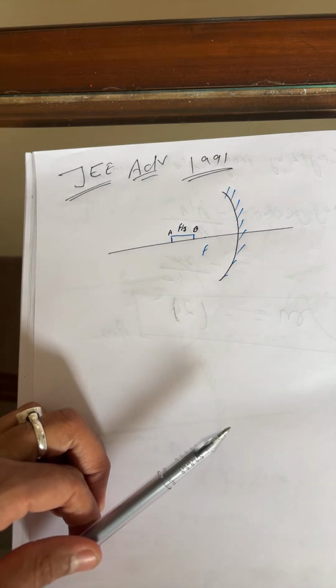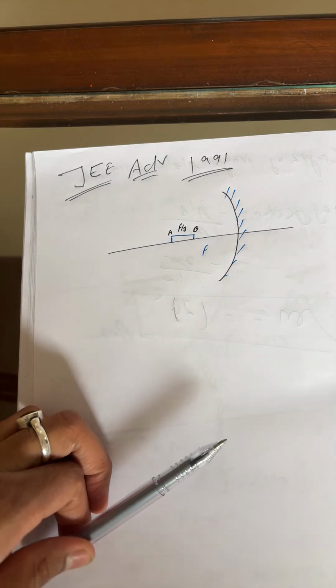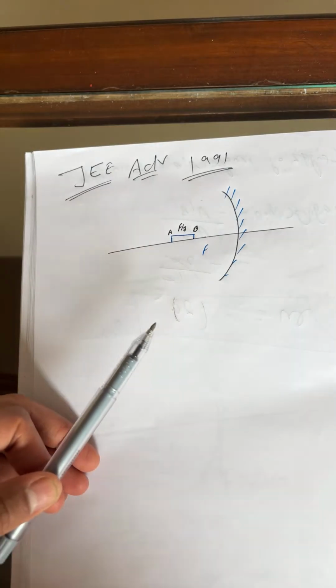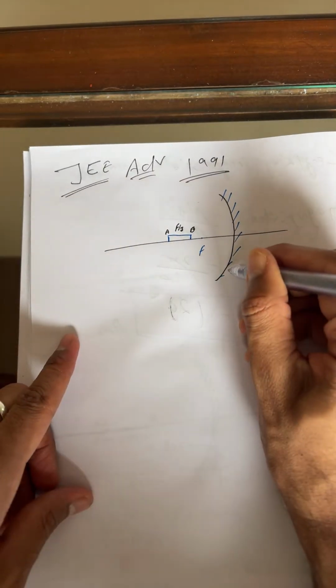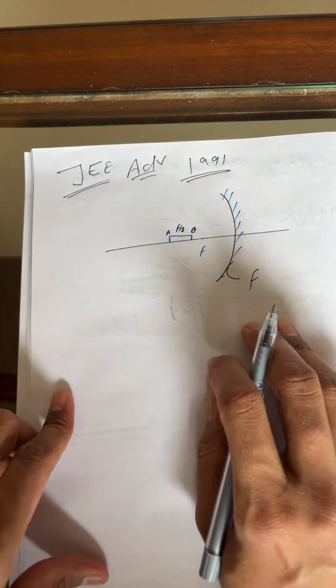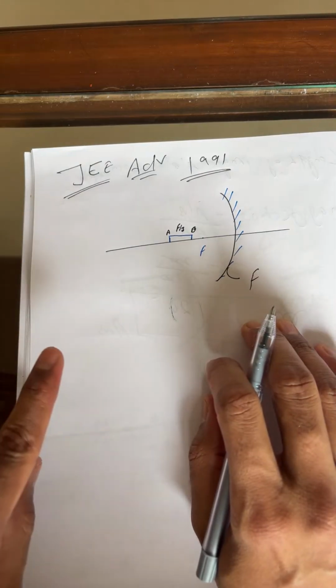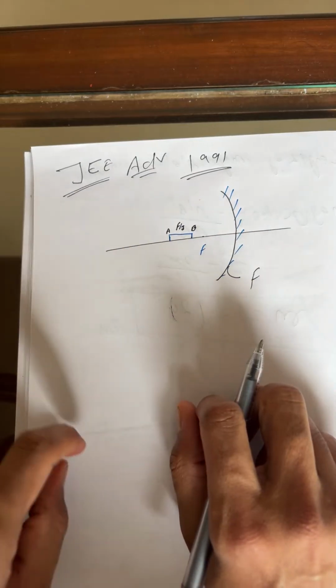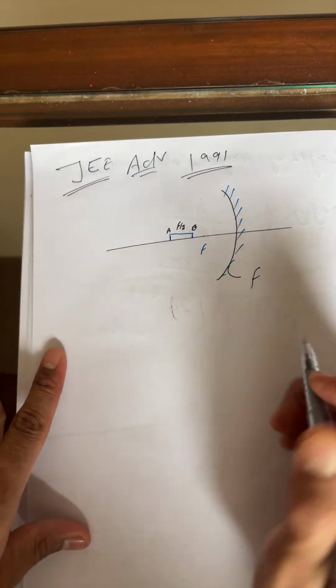Here, the concave mirror has focal length F. The question says the image, which is real and elongated, just touches the rod.